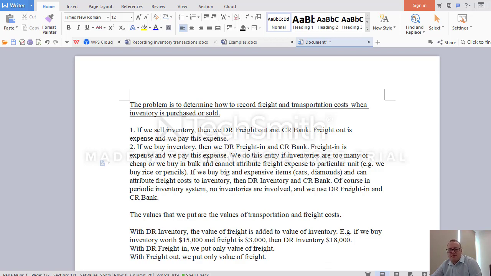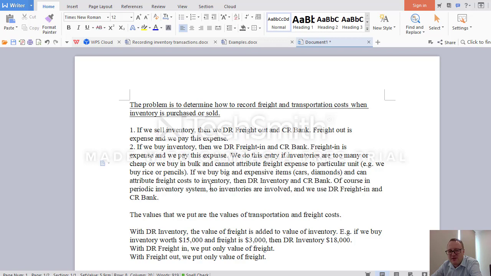You do this if you have too many inventories and they're cheap and bulky and you cannot attribute freight expense to a particular unit of inventory, something small, then you will use debit freight in and credit bank. But if you buy expensive inventory, then you will debit inventory and credit bank.